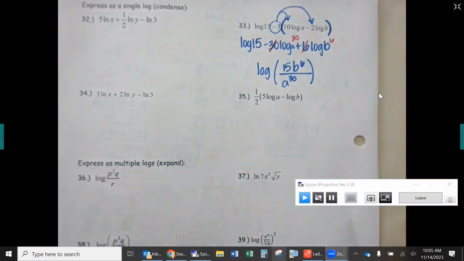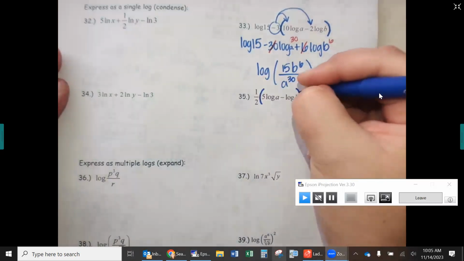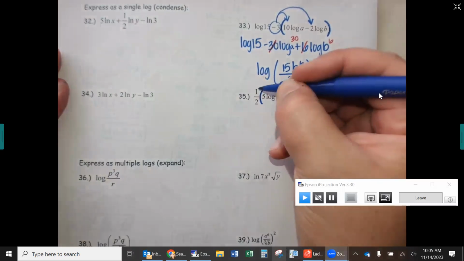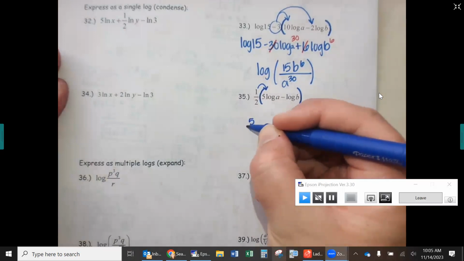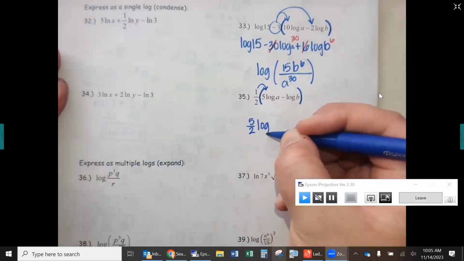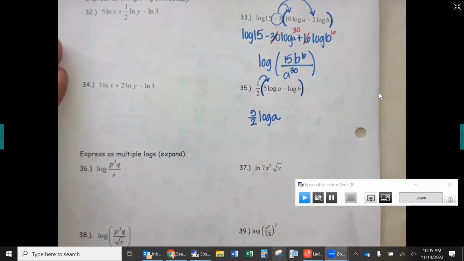Okay. Same thing on number 35, please. I have a number on the outside of the parentheses. It's a 1/2. So I have 1/2 times 5. That would be 5 cut in half. And remember, if it's an even number, cut it in half, right? But if it can't, then just keep it as a fraction. So 1/2 of 5 would be 5 divided by 2, right? Okay, log A minus.